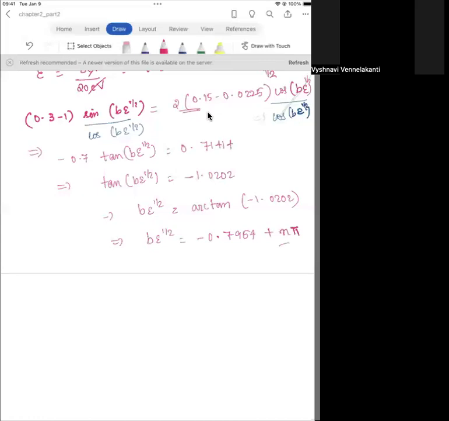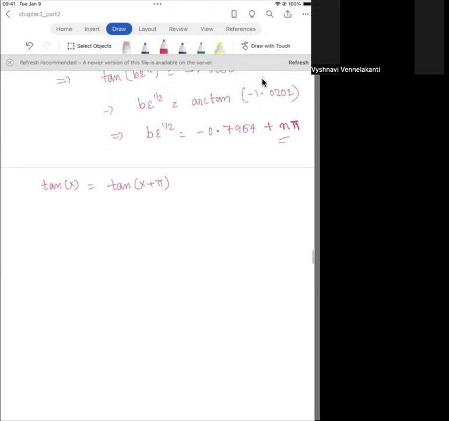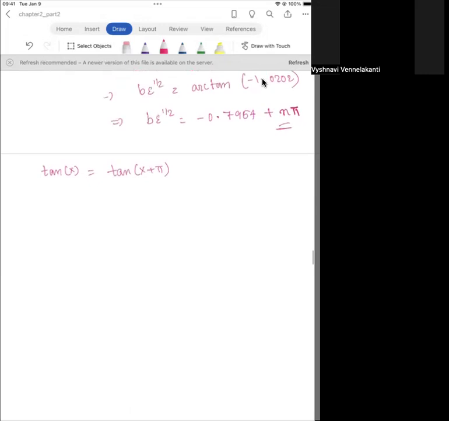The reason I have n pi is because tangent of x is the same as tangent of x plus pi, so tangent keeps repeating itself after every pi radians. So when we take the arctan, we add n pi, where n can go from 0, 1, 2, and so on.